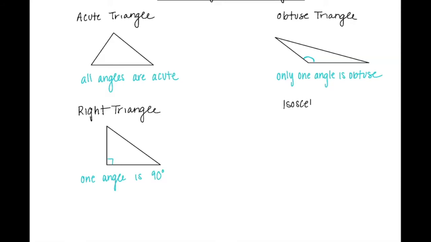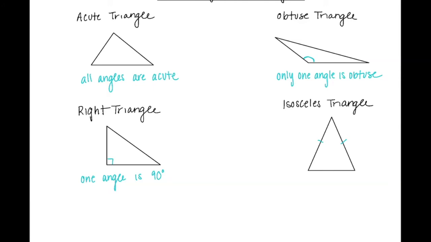Next, we have an isosceles triangle. And so with isosceles, you have two sides that are equal to each other. Doesn't want to auto make my triangle. There we go. So here, these two sides are exactly the same.